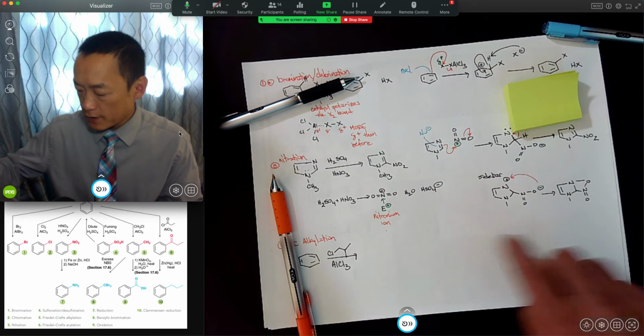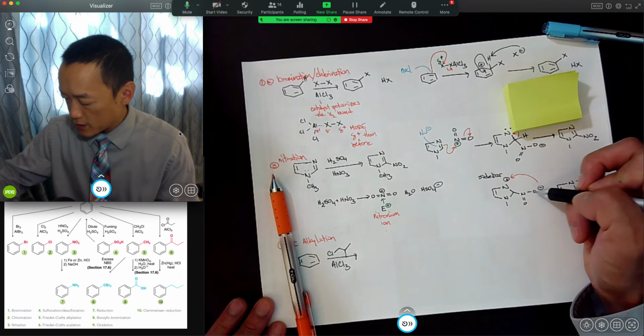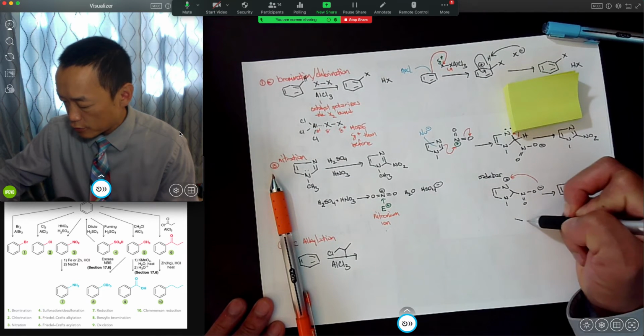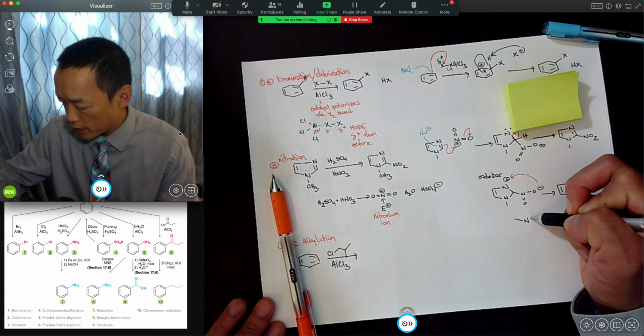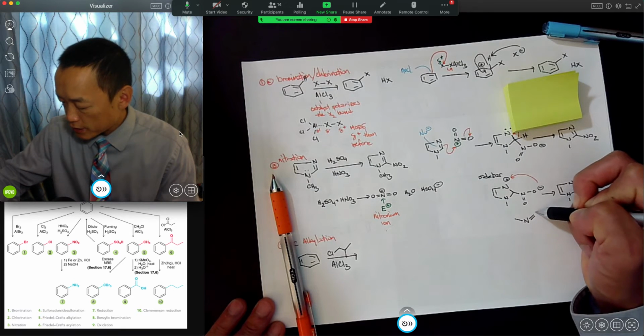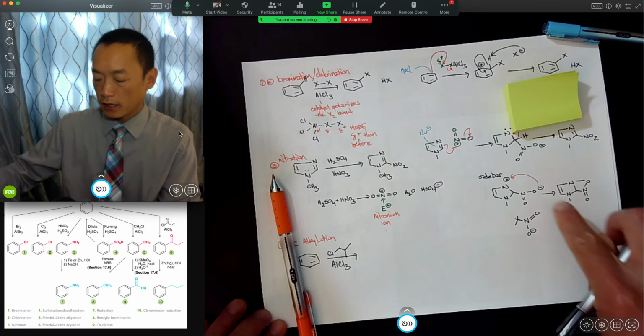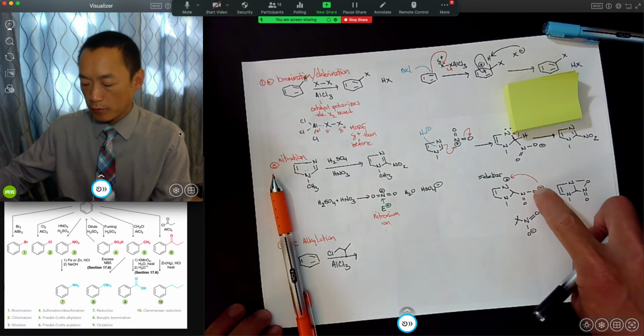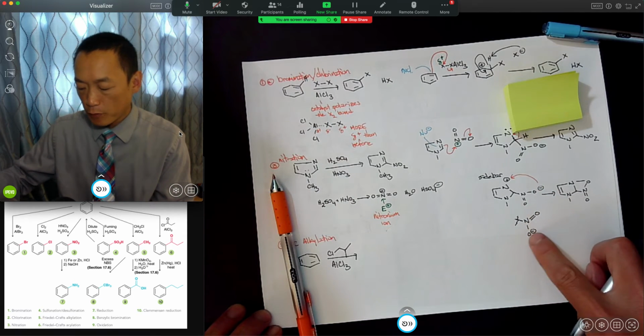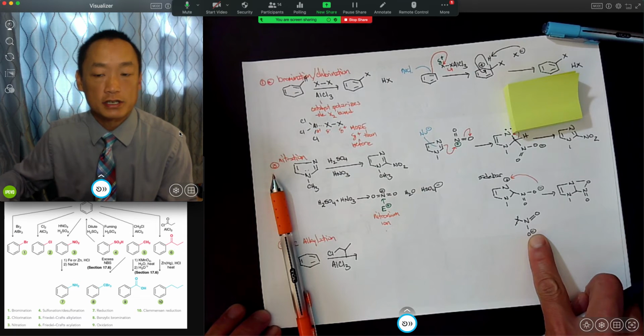I would say that because these electrons in this nitrated portion right here can actually exist in this resonance form as well. And so this negative has now become the double bond here, and we've moved these electrons to this oxygen instead.